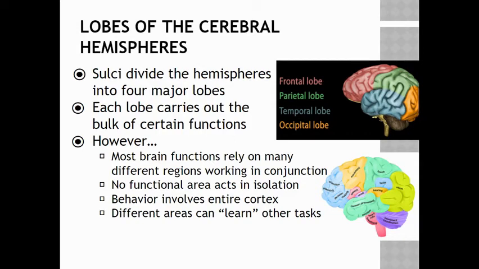So it's not like the frontal lobe is only working on its own and the temporal lobe is working on its own. Remember, behavior involves the entire cortex. There might be certain regions that are more responsible for certain things, but also remember that different areas can learn other tasks.